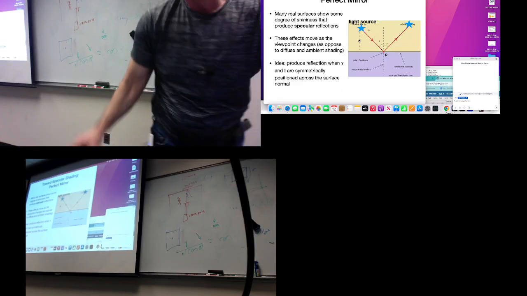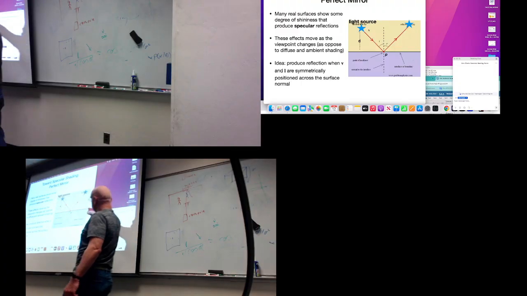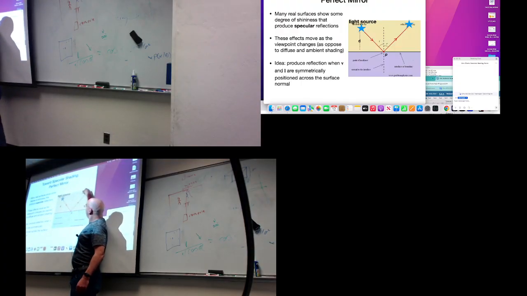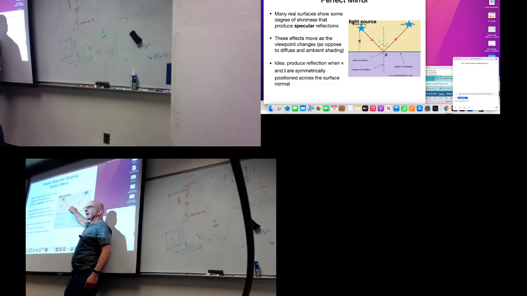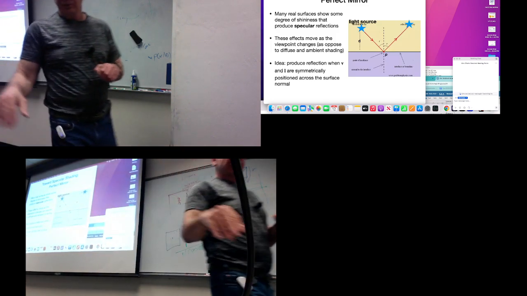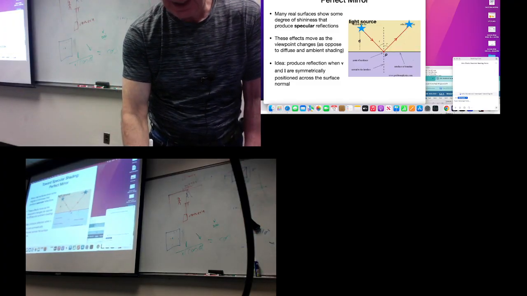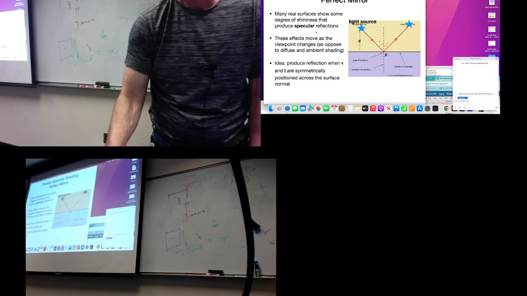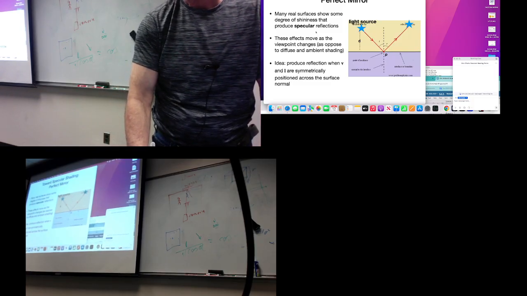So notice that even here, in this perfect mirror, think about a very dark room where this is the only source of light, and what do you see in the mirror? Every point in the mirror is completely dark, except the one single point where there is a perfect reflection of the light. The whole room is completely dark, the whole surface is completely dark, excluding this one particular point. Because that's already an example of a specular reflection.